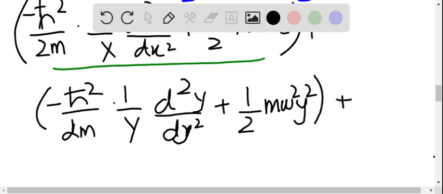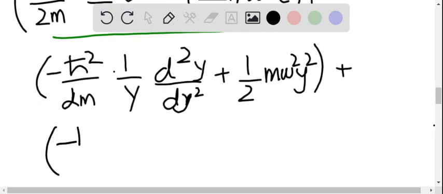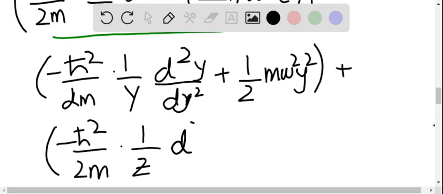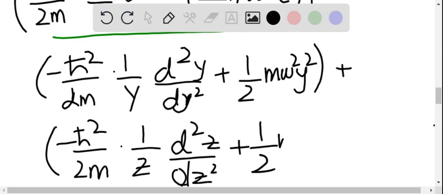Similarly we will write the next term for z, so into 1 divided by Z d square Z divided by dz square plus 1 divided by 2 m omega square z square, right?